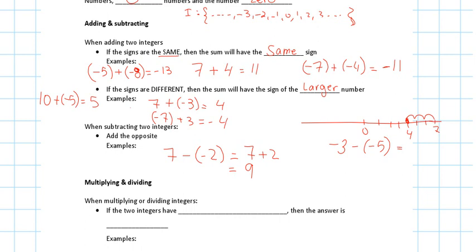Negative 3 plus 5, because I have two negatives right after each other. Okay? You're at negative 3, and you're adding 5. Where do you go? What is it? Positive or negative? Positive, because the bigger number is positive. So it's going to be 2.